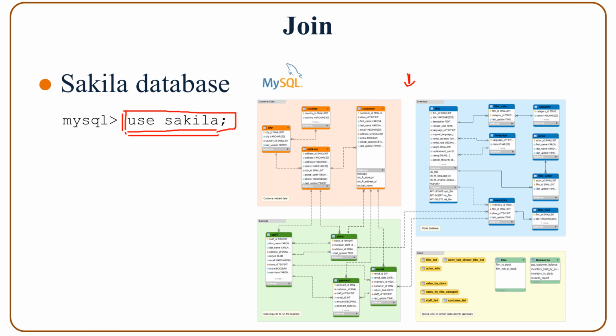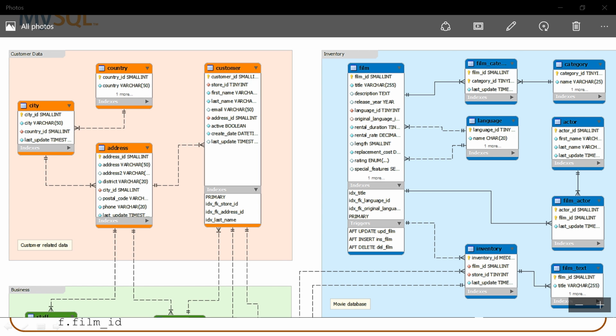There are many tables in this sample database, so the tables can be grouped into several categories. City, country, address, and customer can be considered as in the category customer data.